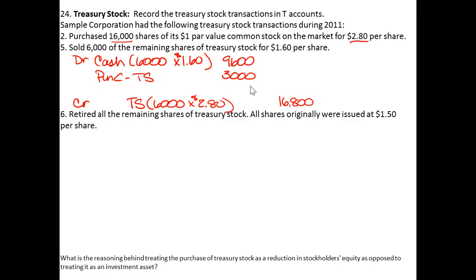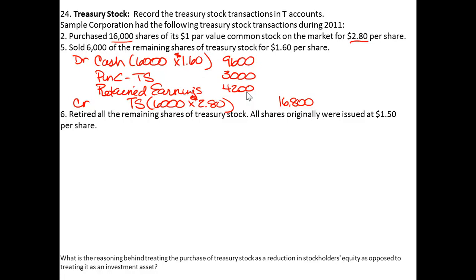Now, this still doesn't balance, and so who comes to your ultimate rescue but retained earnings? So retained earnings is going to be debited for the difference, or $4,200. So now that sale of the second purchase of Treasury stock for less than what you acquired it for balances.